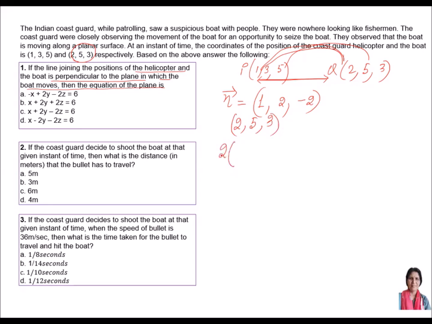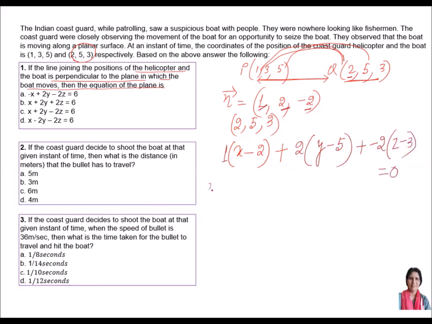I'm writing in the Cartesian form, taking this point of the boat. The direction ratios are 1, 2, minus 2. So 1 into x minus 2 plus 2 into y minus 5 plus minus 2 into z minus 3 is equal to 0.